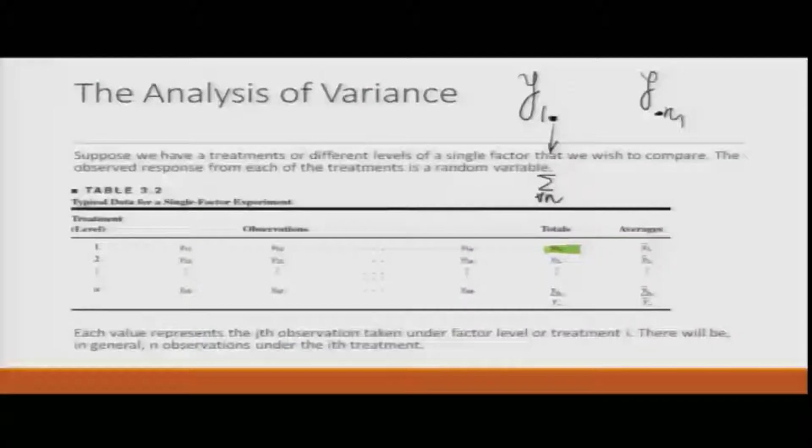Similarly, we have the totals y1 dot, y2 dot till ya dot. If you sum them up, obviously, both would be dots. Dots very simply give you the information that they have been summed up both along the rows and the columns. We find out the averages. The averages nomenclature would also be very scientific.